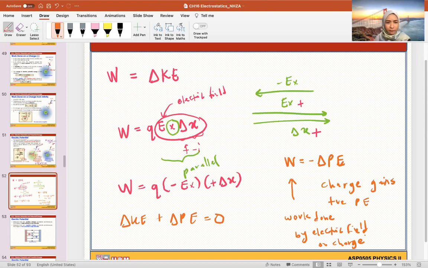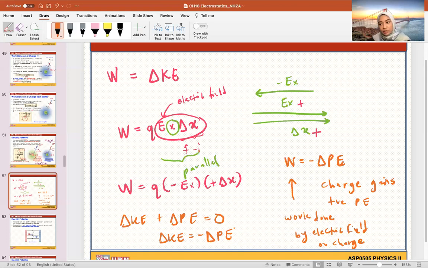So we have W equals delta KE. And then Umar said delta KE plus delta PE equals 0, which means delta KE is equal to minus delta PE. If we gain kinetic energy, if I'm gaining speed, I am going to lose potential energy.